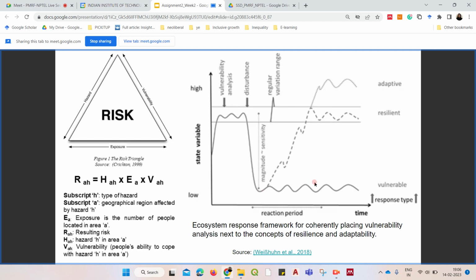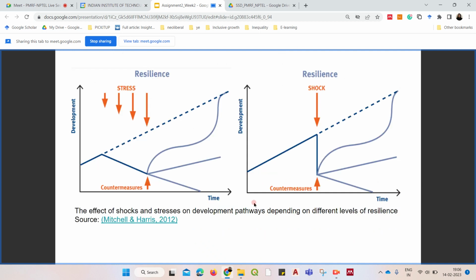And then this is the reaction period, so the time it takes for the system to go from the low state variable back to its earlier state, that is the reaction period. I hope this is clear.